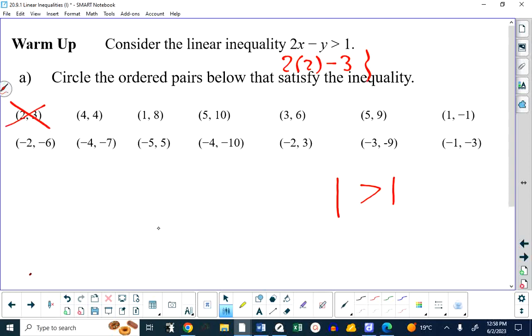So this point is not a point that makes that inequality true. And what I want you to do is take a few minutes, everybody, and determine which points do. And we're not going to be doing it this way all the time.